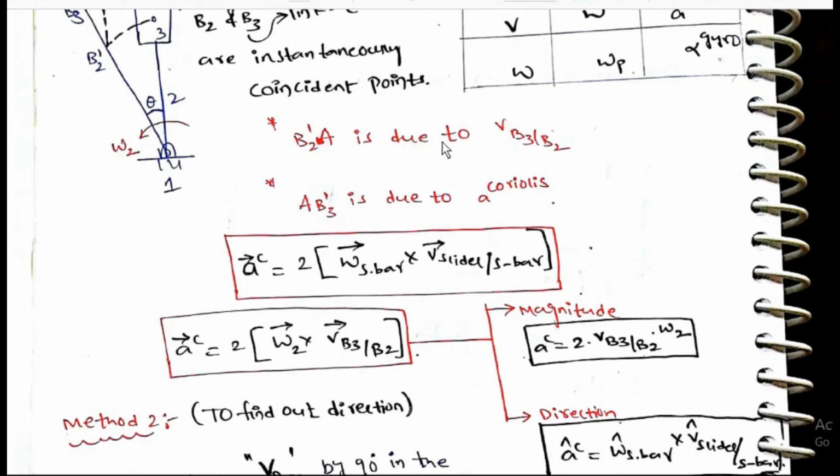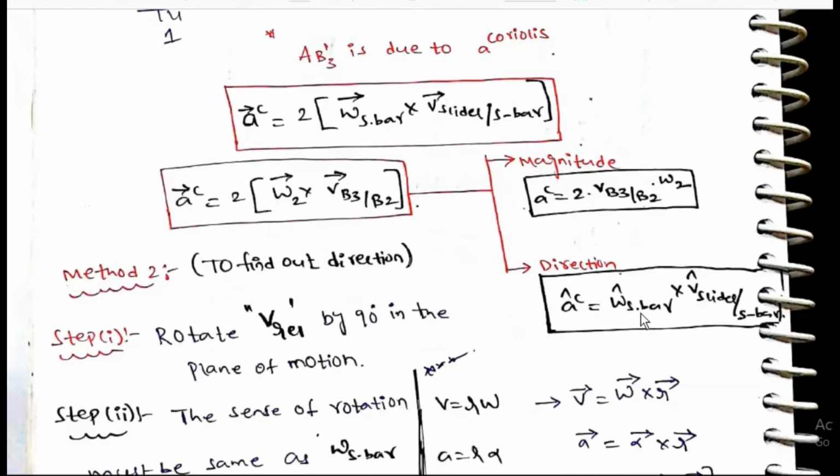B2 prime A is due to VB3 by B2. AB3 is due to A Coriolis. AC bar is equal to 2 omega slotted bar cross V slider relative to slotted bar. AC bar is equal to 2 omega 2 bar cross VB3 by B2 bar. AC magnitude is equal to 2 VB3 by B2 into omega 2.